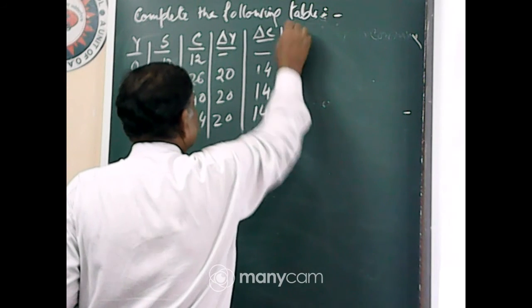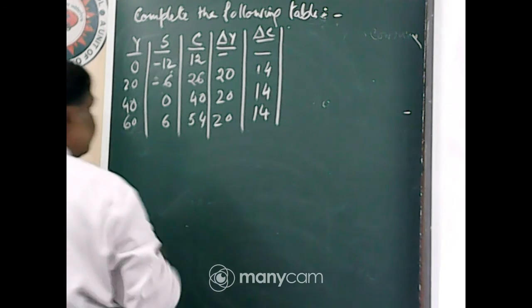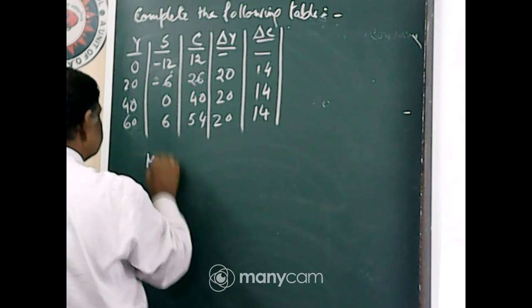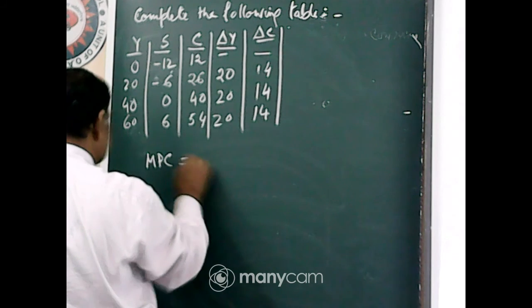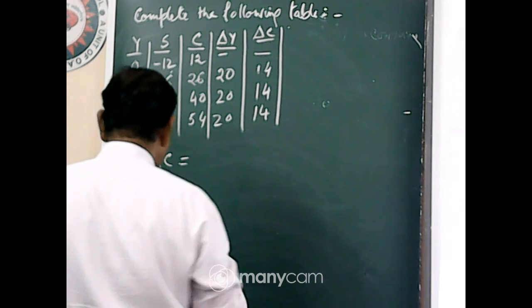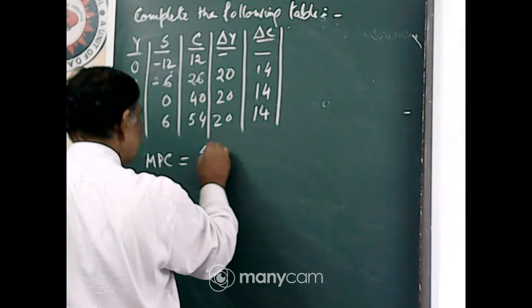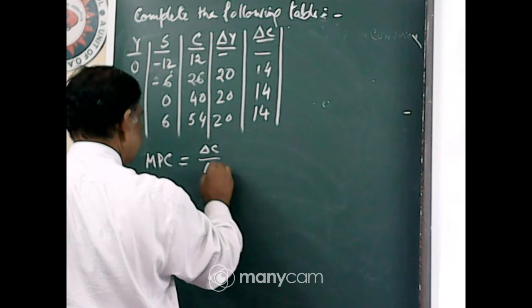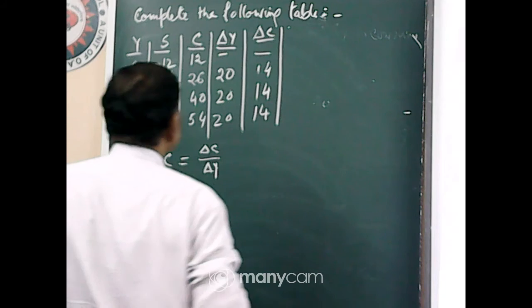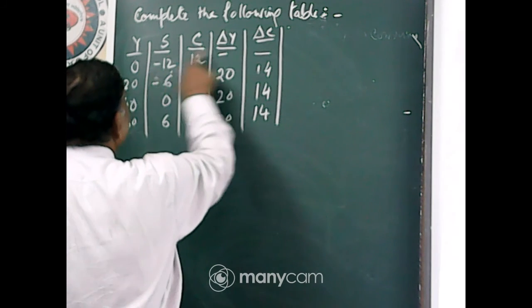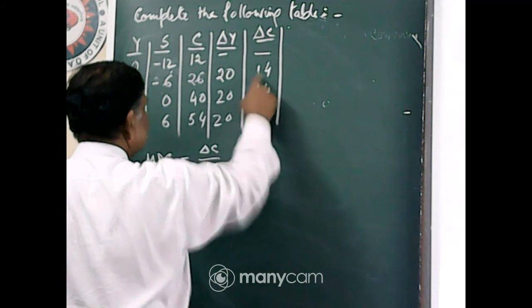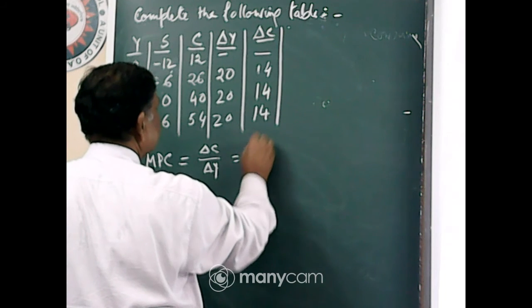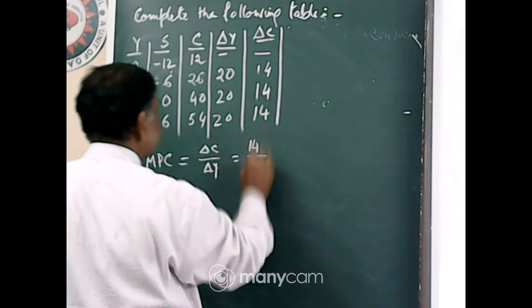MPC. Now we have to calculate MPC, marginal propensity to consume. What will you do? That is delta C by delta Y. Right? So here delta C, nothing, delta C is 14, by delta Y 20.